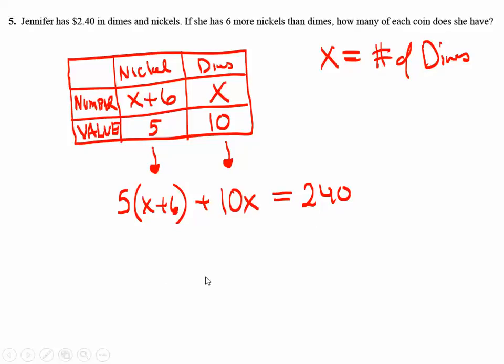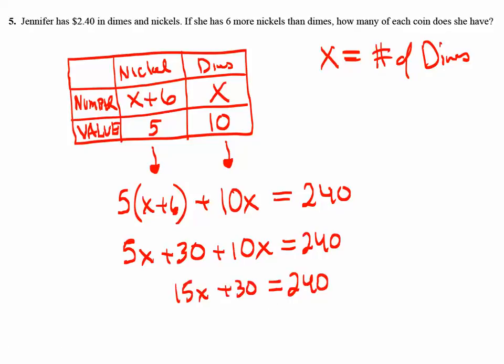And you guys get to solve it. Alright, distributing the 5 hopefully. Collecting the x's on the left hand side gives you 15x. Let's see, subtracting 30 from both sides gives you 210. And then we gotta divide both sides by 15.